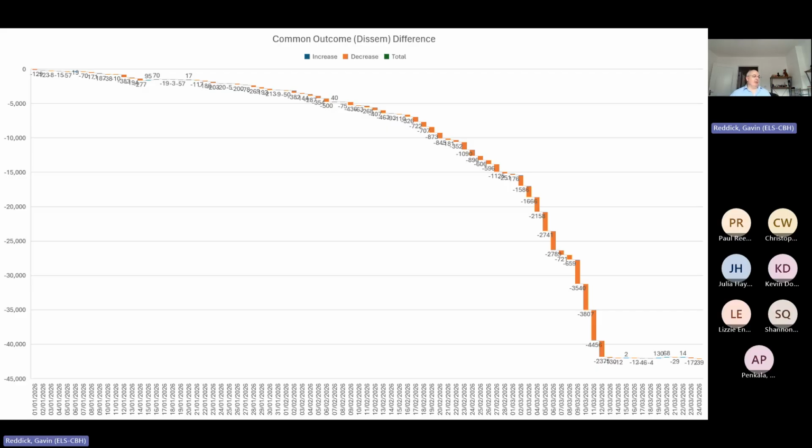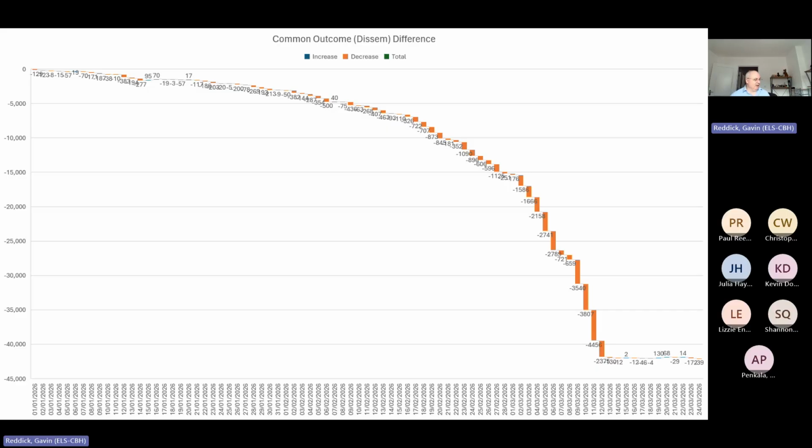But the next biggest drop was in dissemination activities, so engagement activities. And to Paul's question, this was one of the sections that, if people used OPS, was a very common one that they indicated they did not want researchers to report in. So you can see a very substantial reduction in the number of engagement activities reported over this period.